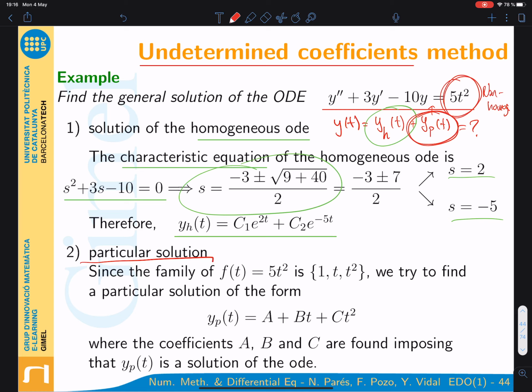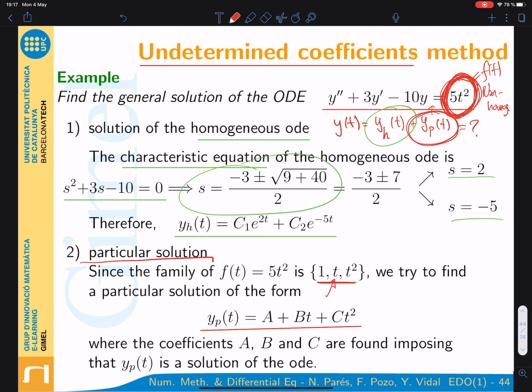We will use the method of undetermined coefficients. Can we use it? Yes, because the right-hand side, f of t, in this case is a polynomial, so it has a finite family of derivatives, and we will propose a particular solution that is just a linear combination of the elements in the basis.